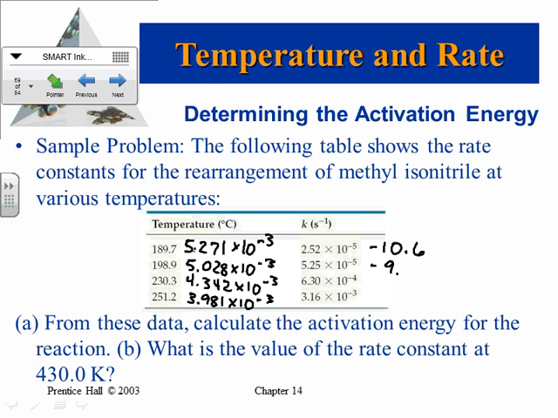Negative 9.85 for that one. Negative 7.37 for that one. And negative 5.76 for that one. Okay? So now we've got our x values, and we've got our y values.